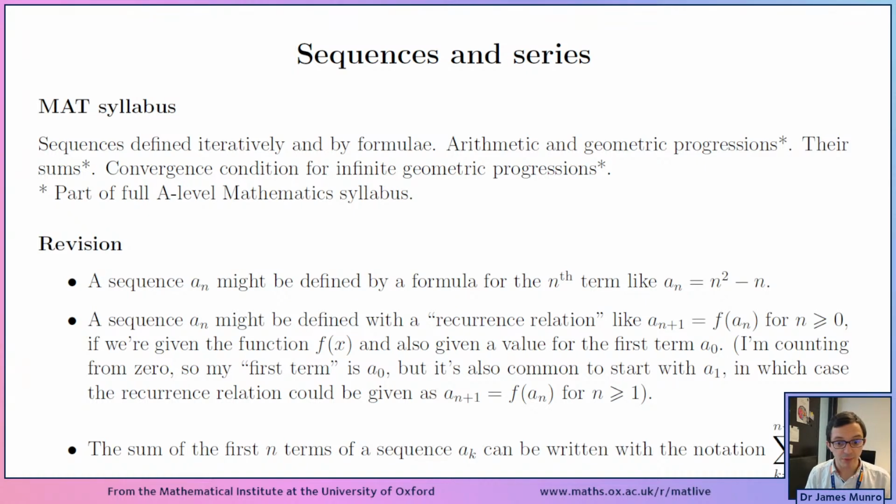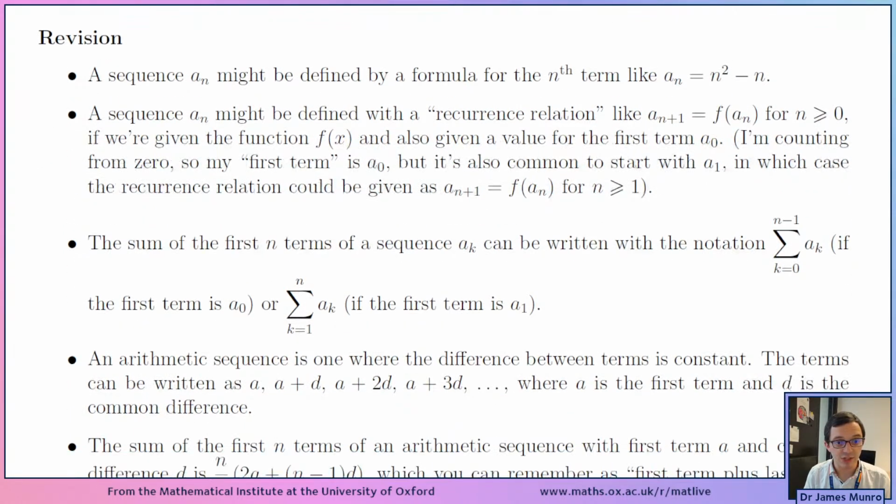Here we go then. So the first bullet point in the revision notes is supposed to be addressing this idea that sequences might be defined with a formula. Like you might be told that a_n is n squared minus n, which is a bit like having a function, right? You put in the number n, you get the nth term of the sequence. So if you want a_3, you plug in 3 into that formula. That's what this n squared minus n is supposed to be an example of.